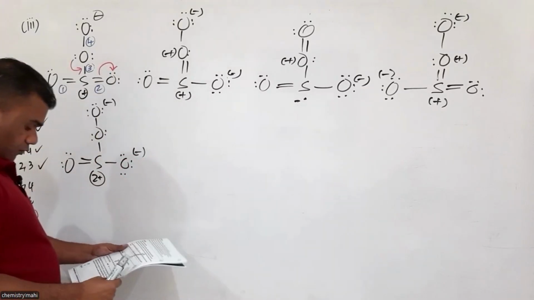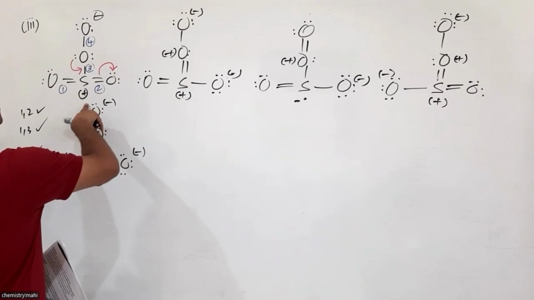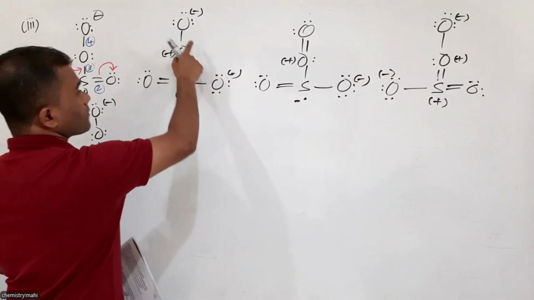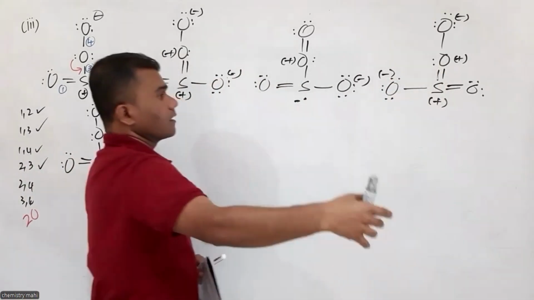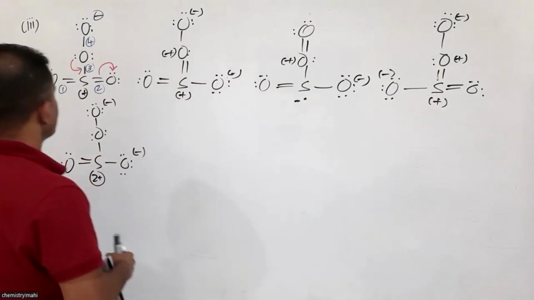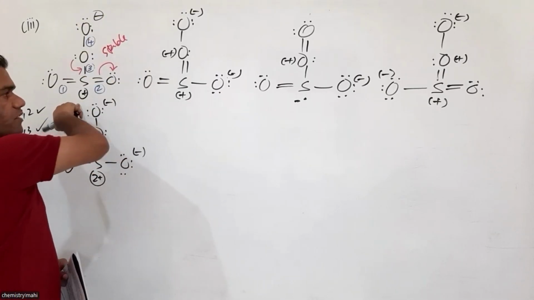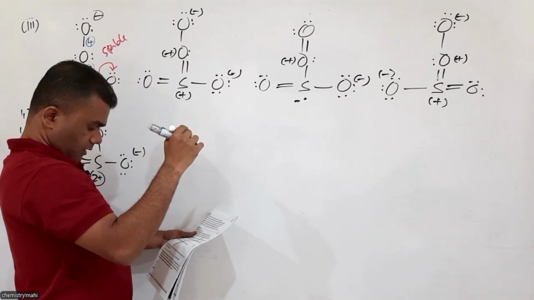Then they ask us to write stable, less stable, unstable. What about that? Plus minus. This is plus plus minus minus. This is plus minus. This is also plus minus. Then plus minus plus. What about that? This should be the stable one, because minus on oxygen, plus on sulfur. Here, this is less stable.